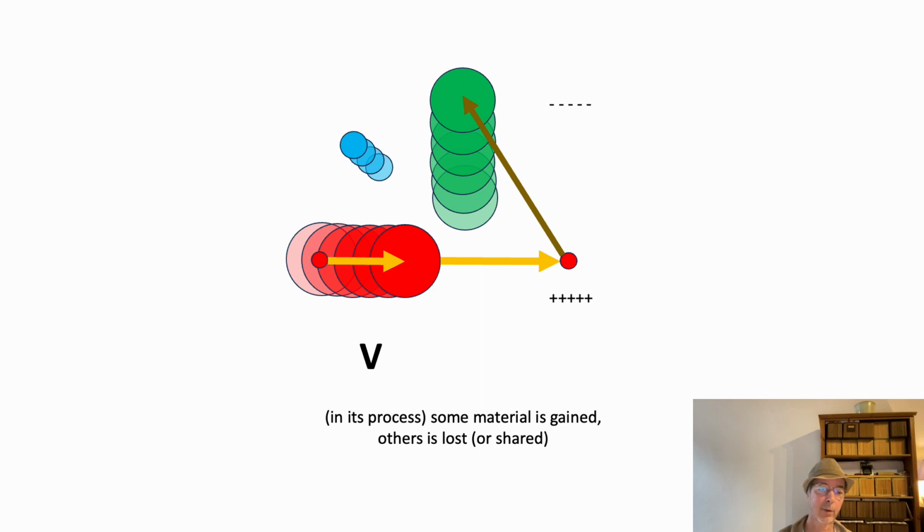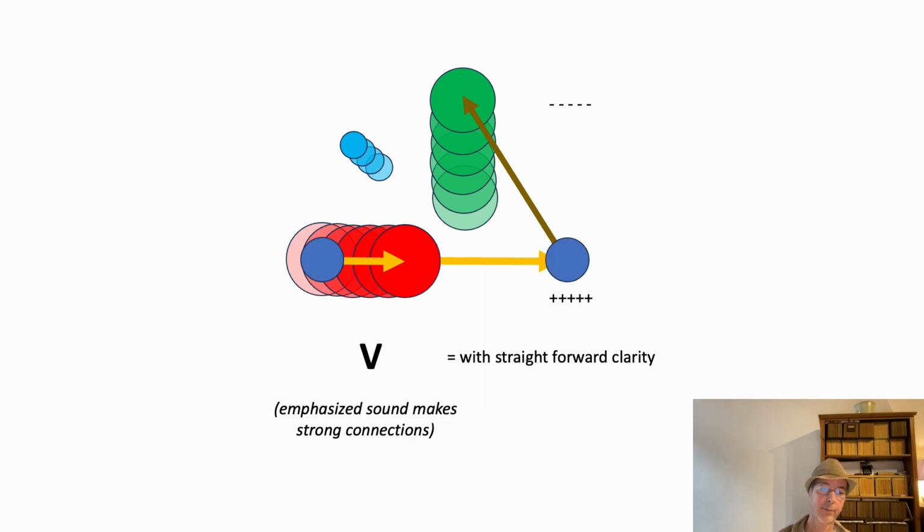So it is a process where some material will be gained and other material will be lost or will be shared. It is a kind of variation. I didn't express it completely here, but that's also the idea that is behind the V, something that you could remember already. Okay, this is available in the letters as an idea.